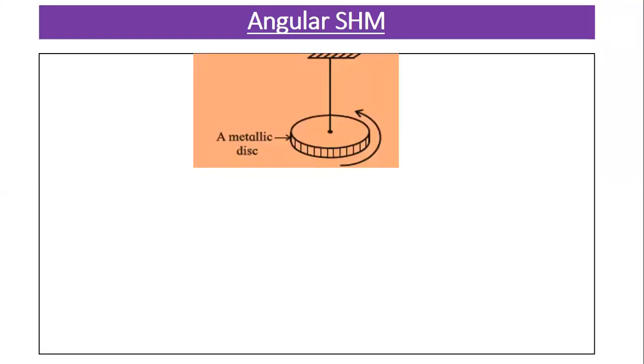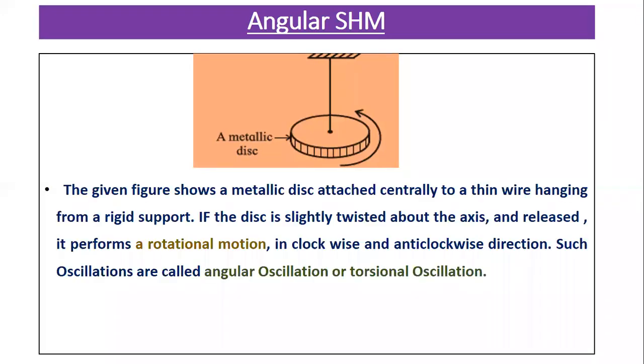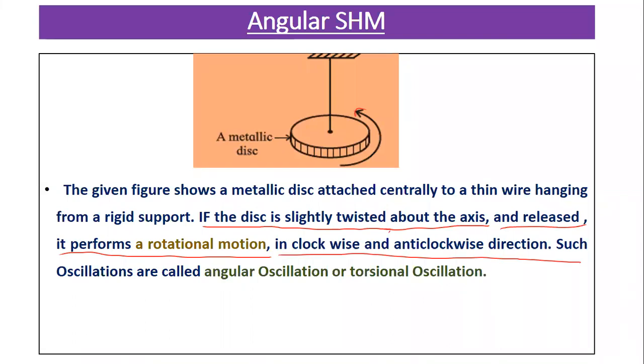So you can see a diagram here: a metallic disc which is hung from a rigid support by a wire or a string. If the disc is slightly twisted about the axis, you can see here the direction of the twist, and released, it performs rotational motion in clockwise and anti-clockwise directions.